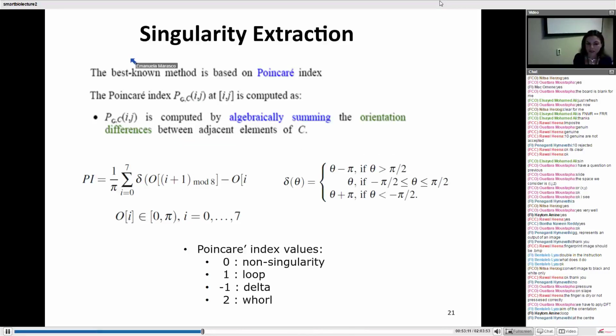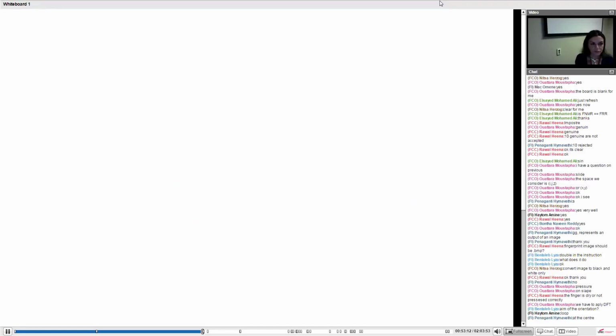Then we have the pixel C with coordinates I and J, and then we consider, for example, this point on the blackboard. This is the matrix, right? So the image and then the corresponding orientation map. The pixel C is here. So we have a pixel with a certain coordinate x and y, right?